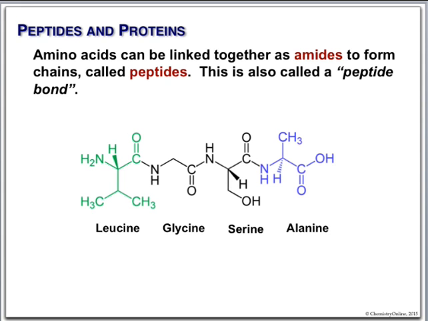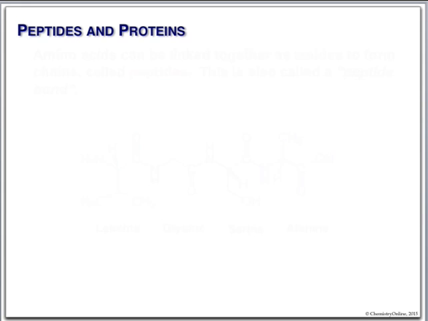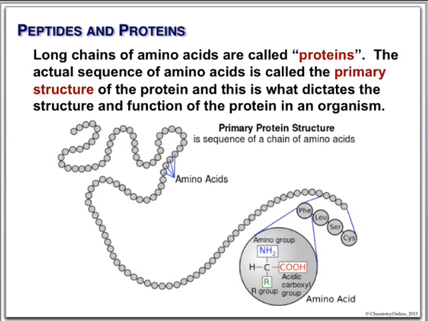Now, if we take this process and keep going, we can wind up with very, very long chains. This is called a protein. Long chains, again, with our peptide bonds from our amino acids, form our proteins. Let's look at DNA.